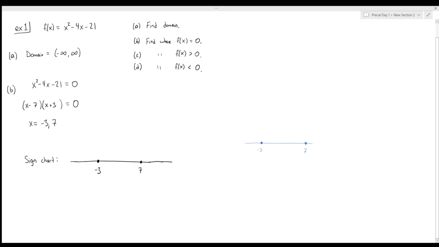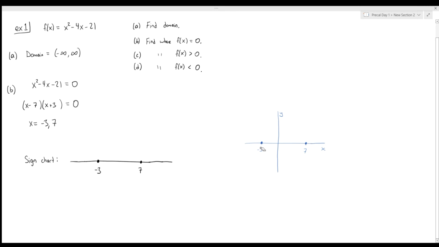Just for those of you who haven't seen this before, I want to give a quick explanation of how this works. If we were to draw a graph of this function, we know that the graph is going to pass through these 2 points on the x-axis. Let me add the y-axis into the picture as well.